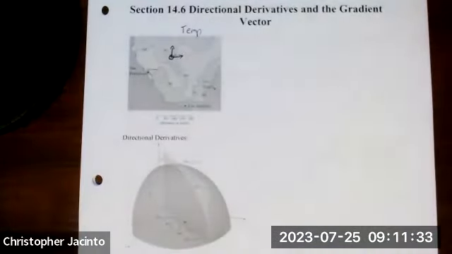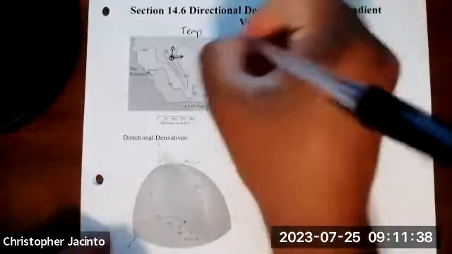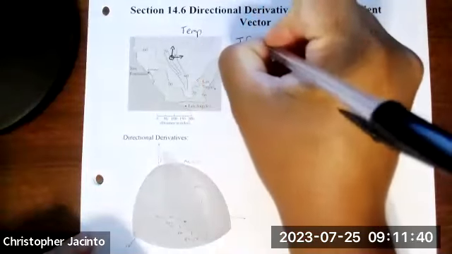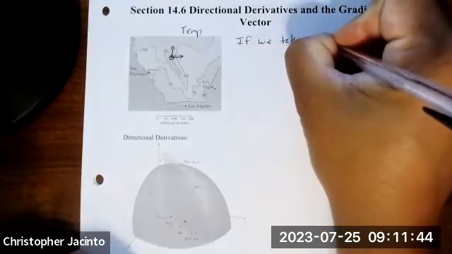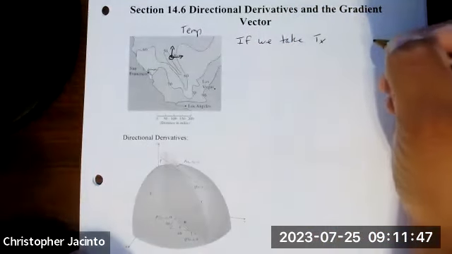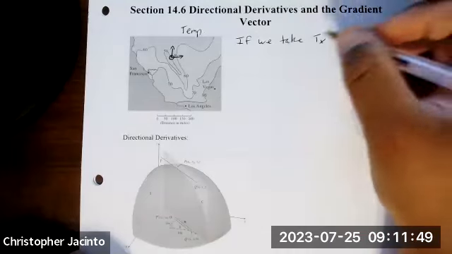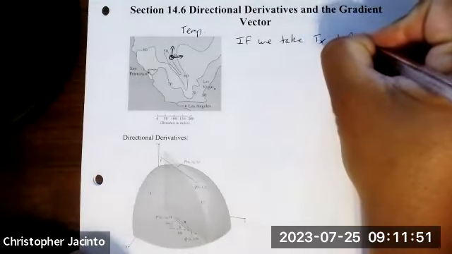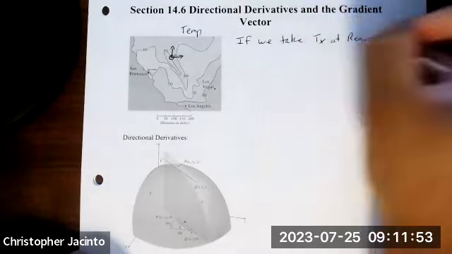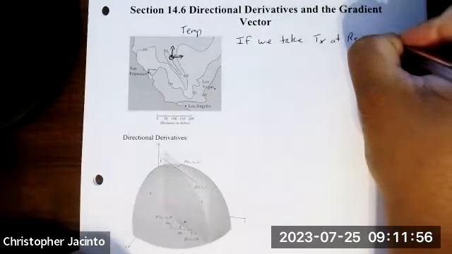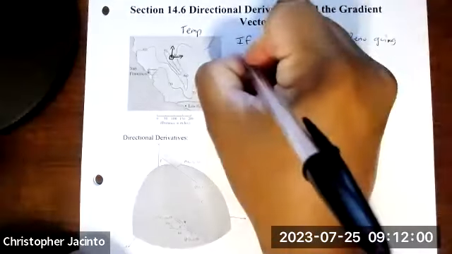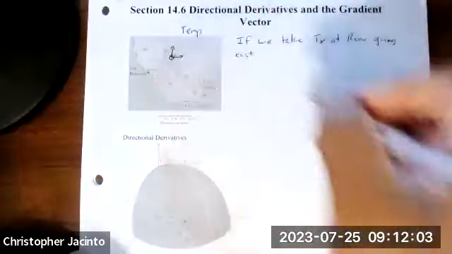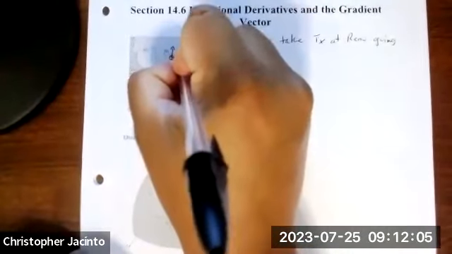So what we're saying, according to our vectors, is that if we take, let's say, Tx, the tangent vector or the partial derivative at Reno, and we're going east, like we went that way, we'll call this Tx.